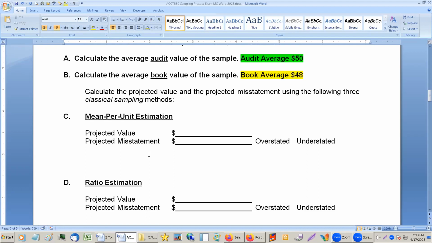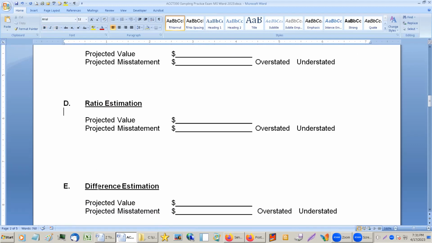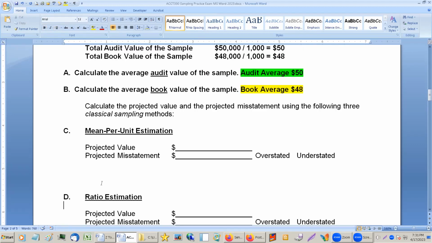Okay, now by this point, you try to look at what it actually tells you to do, for each of these three methods, how to project it over the entire population.